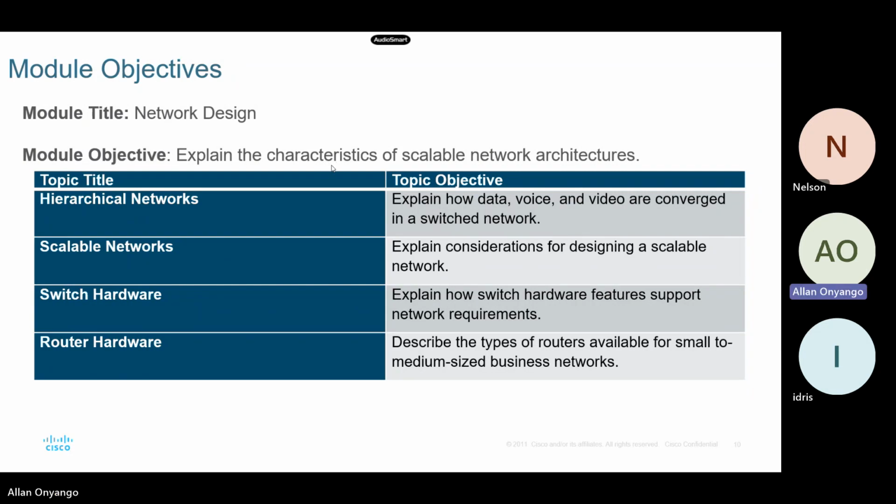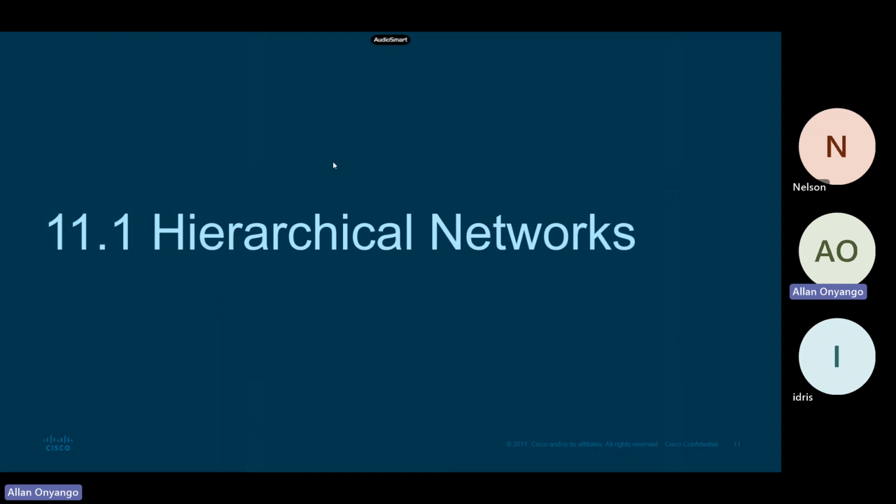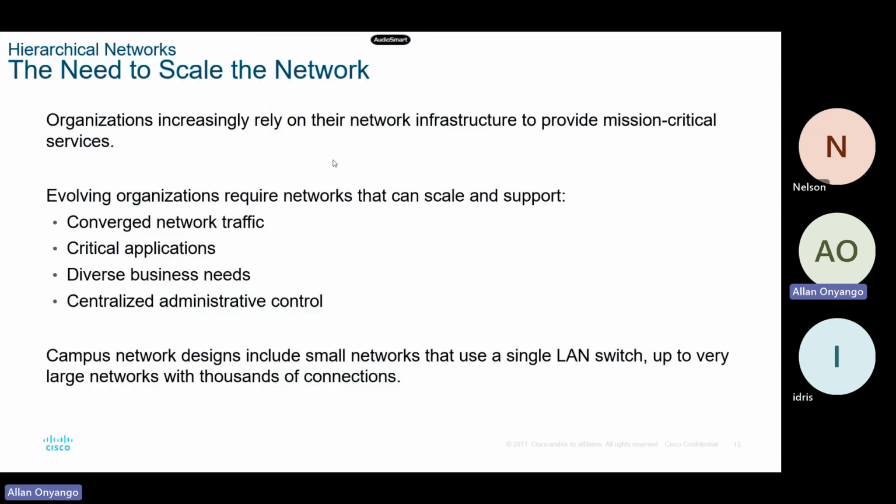Now, to start us off, let's look at what is called hierarchical networks. Now, you know that the current networks, companies, organizations, they are increasingly depending on the network infrastructure to provide mission critical services.